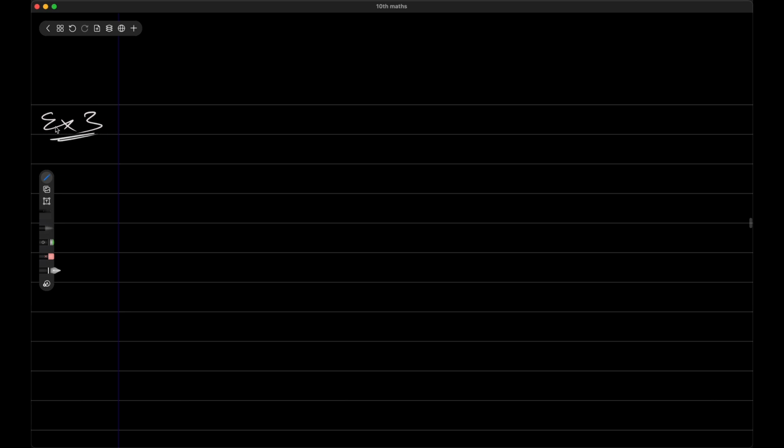Example 3. Champa went to a sale to purchase some pants and skirts. Let us represent pants by P and skirts by S. The first statement: the number of skirts, that is S, is 2 less than twice the number of pants.